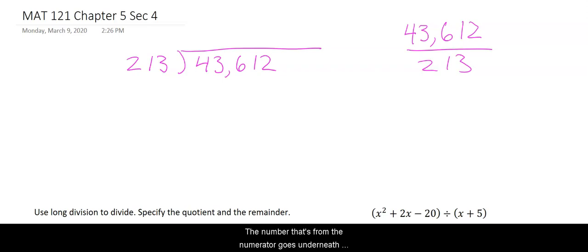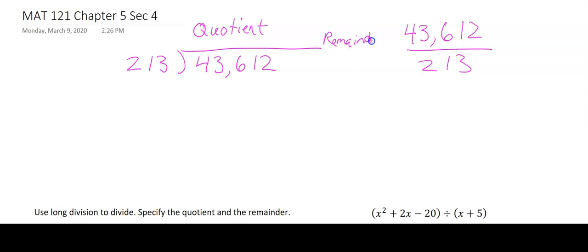The number that's from the numerator goes underneath the long division bar, and the number that's underneath, called the divisor, goes outside the curved section. The quotient will be on top. So the number that goes on top is going to be the quotient. If we have anything left over, or a remainder, it will go out to the side.